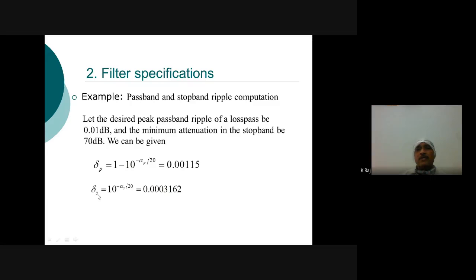Similarly, we can describe delta s that is equal to this value here. We have derived this with the help of the previous definition of alpha p and alpha s that are described in dB.